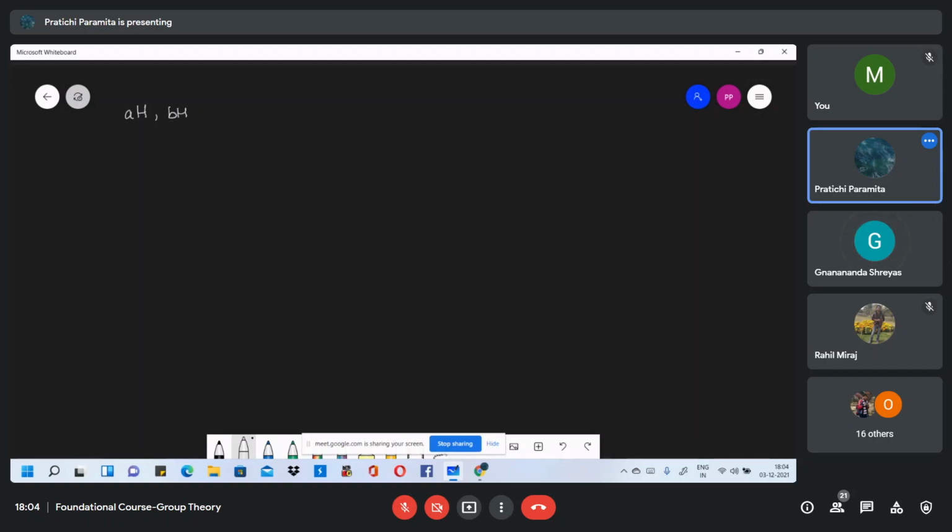So how I will define a left coset is that if H is a subgroup of G and a is an element in G, then aH is the set of all elements ah where h lies in capital H. This is a left coset.